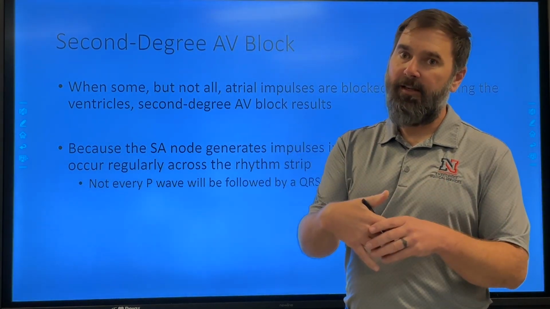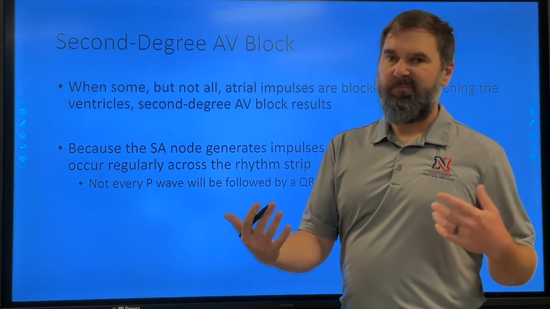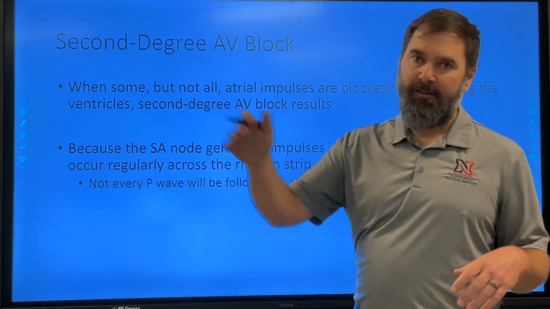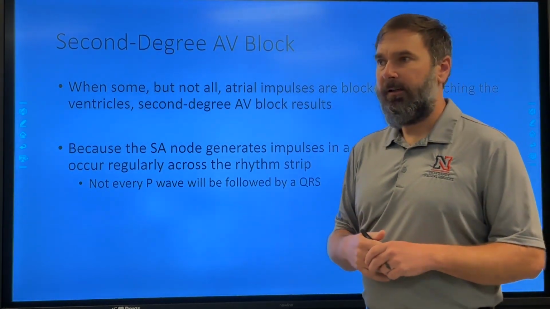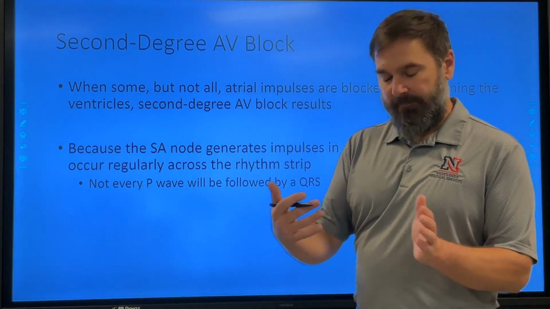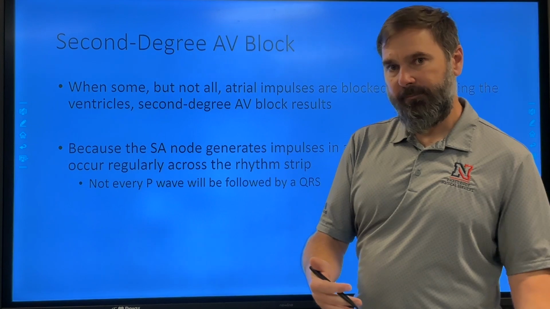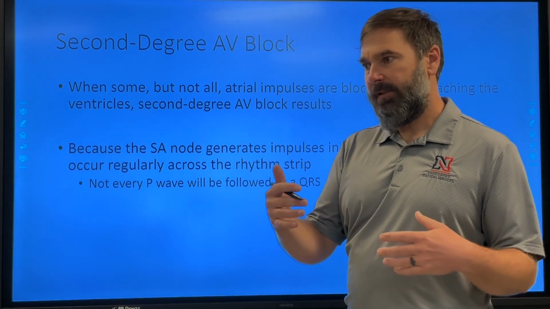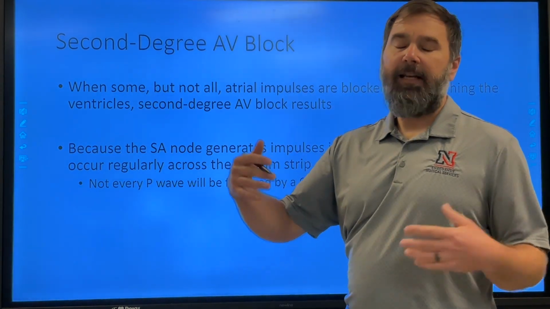The impulse goes to the AV node. Sometimes the AV node is listening, sometimes it's not, and it sends the impulse occasionally. It may send it this time, but not next time. It may send it a little bit delayed each time, and then it doesn't send it.